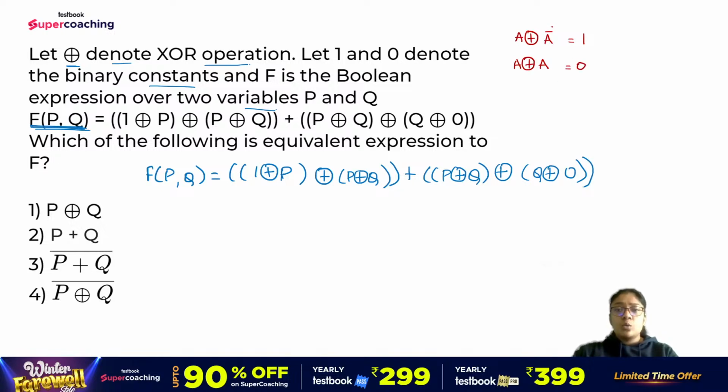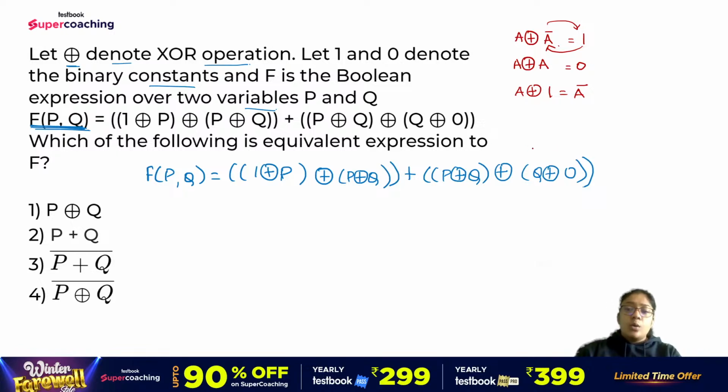Now I told you a rule that you can change these values and you'll get the other set of rules. So if I write A XOR 1, that will be equal to A complement. Make sense?